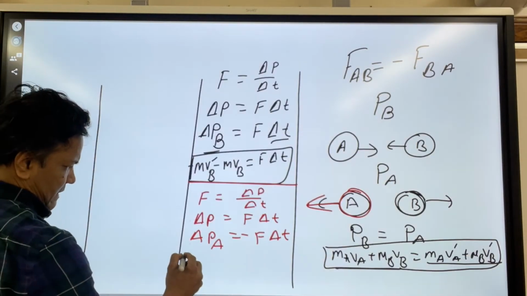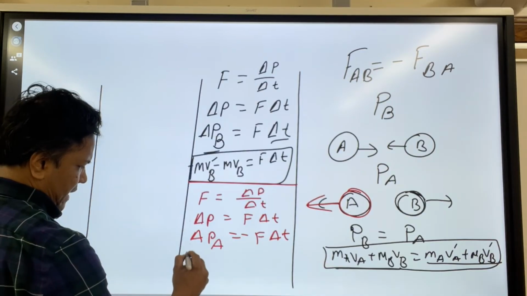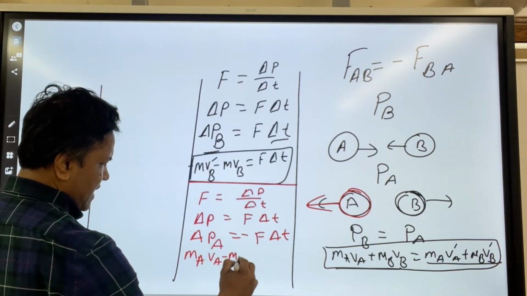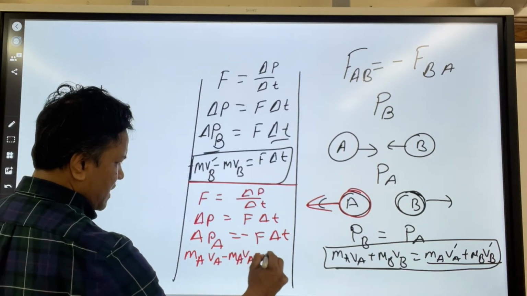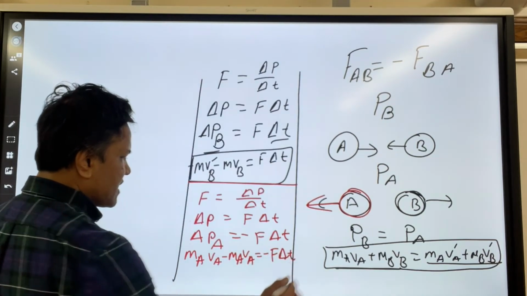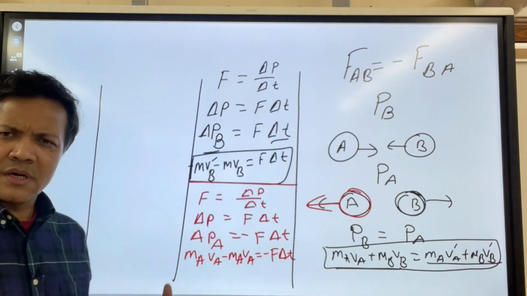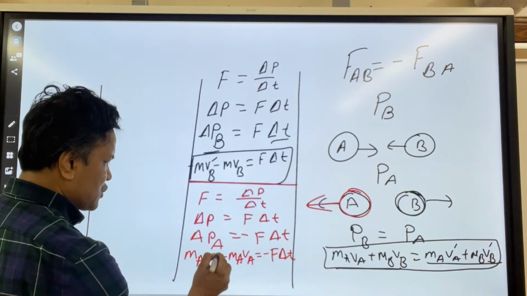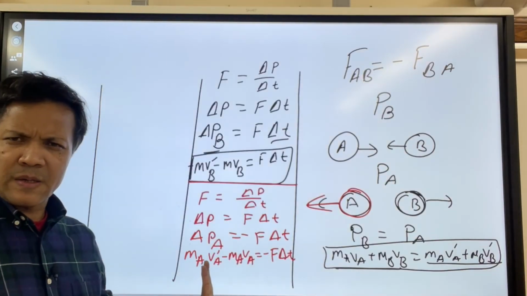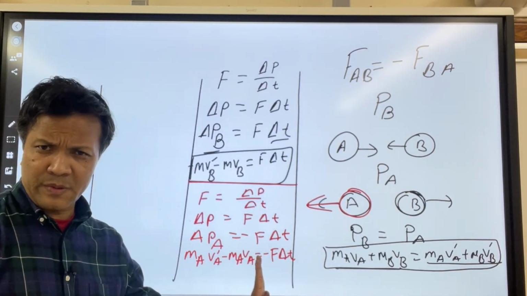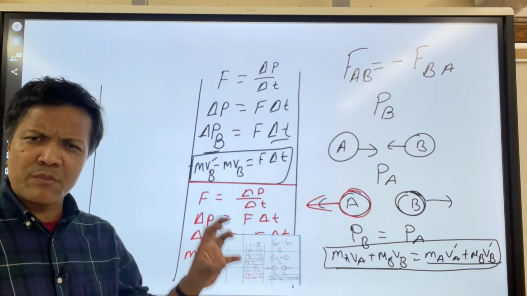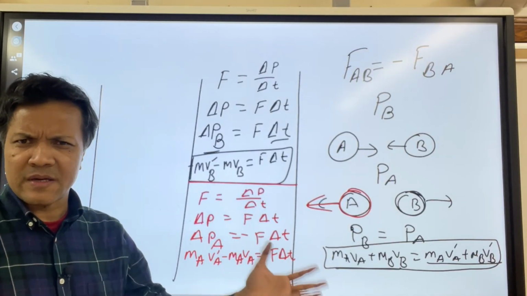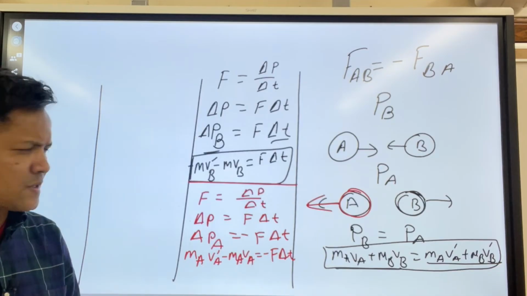So now you can put m_A v_A' minus m_A v_A is equal to minus F delta T, right? Again, you have to make sure that you put a prime over here, so to show that the momentum before is minus momentum after on ball A, right, due to a force acting on some amount of time.